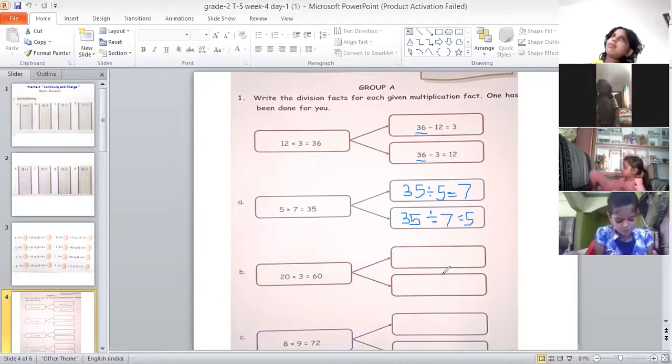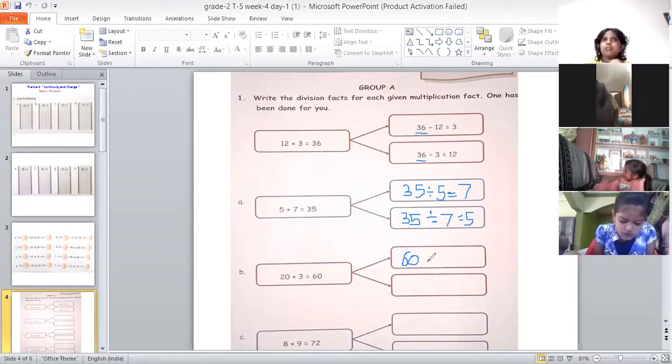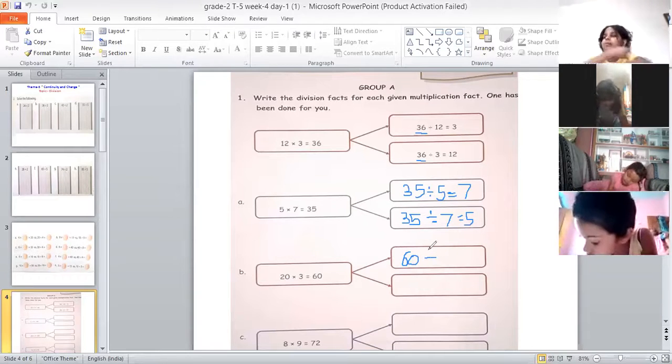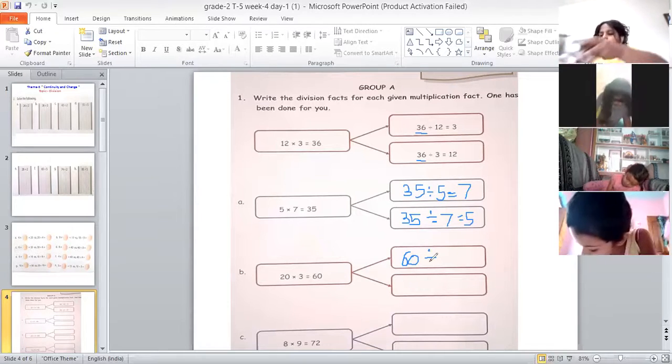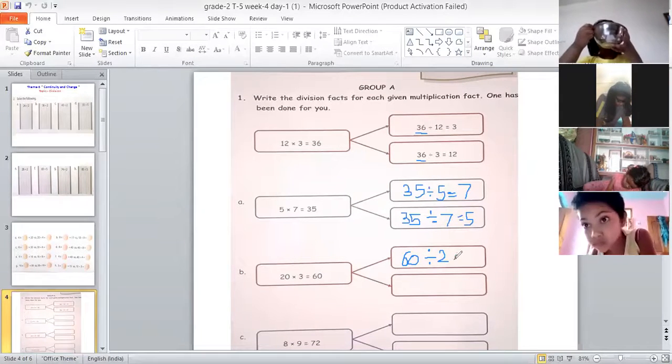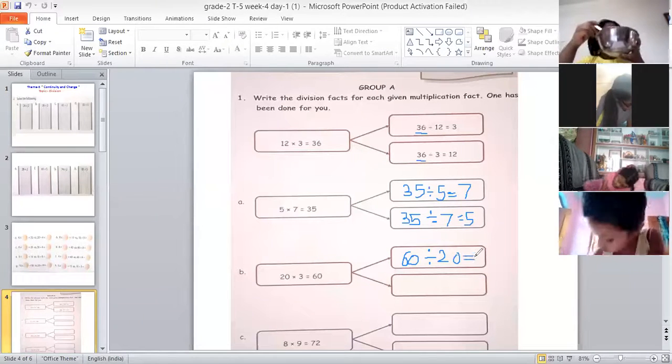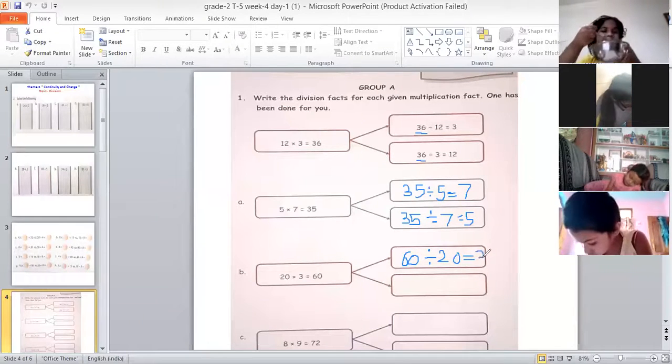So what will be the division fact? 60, very good, because 60 is the biggest number here. 60 divided by 20 is equal to 3. Very good. 60 divided by 20 is equal to 3. Okay, Kartika, next division fact.